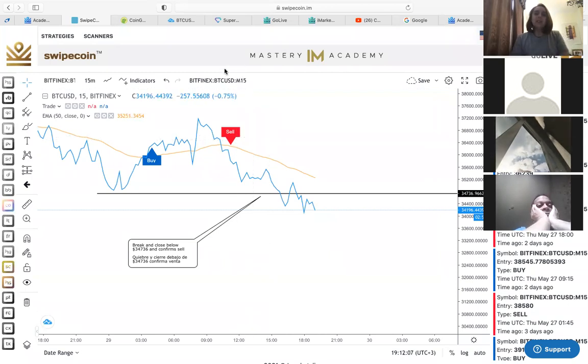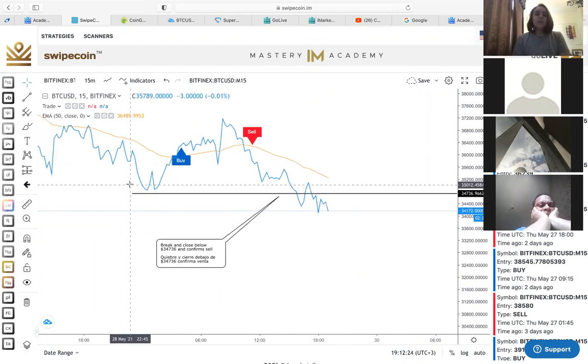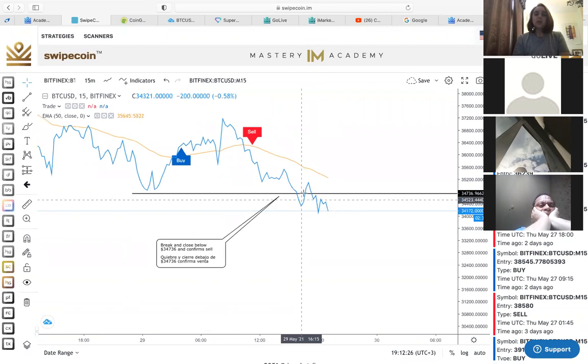Amazing. Yes, we want it to break our support. Perfect. So for a sell, we want it to break our support right here, okay? Which we can see it did here, but it didn't respect our support. So what we want to happen is once it's broken the support, we want the support to then turn into resistance, right?